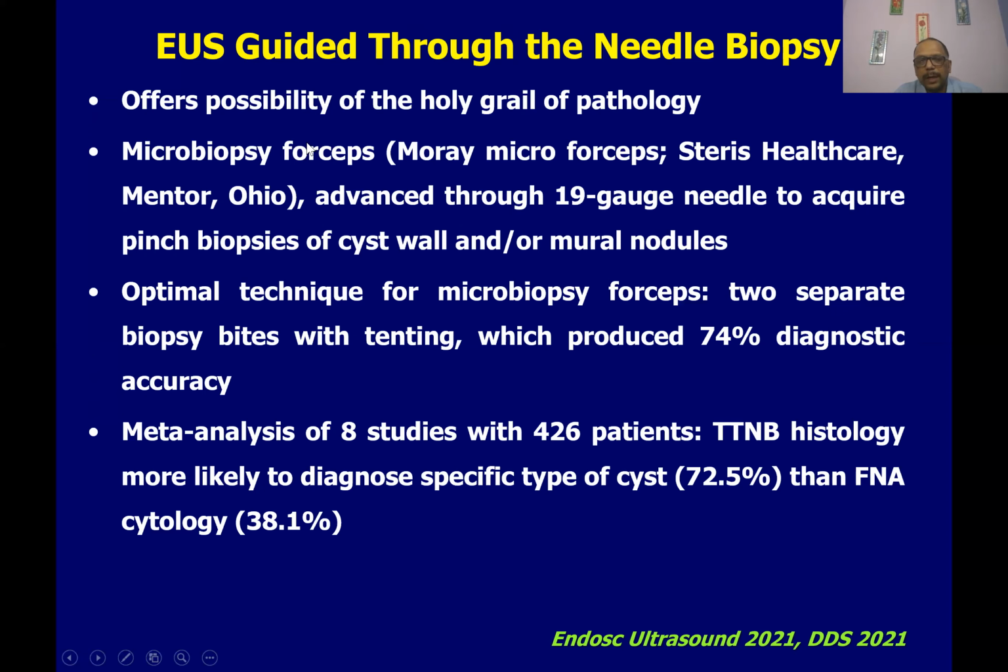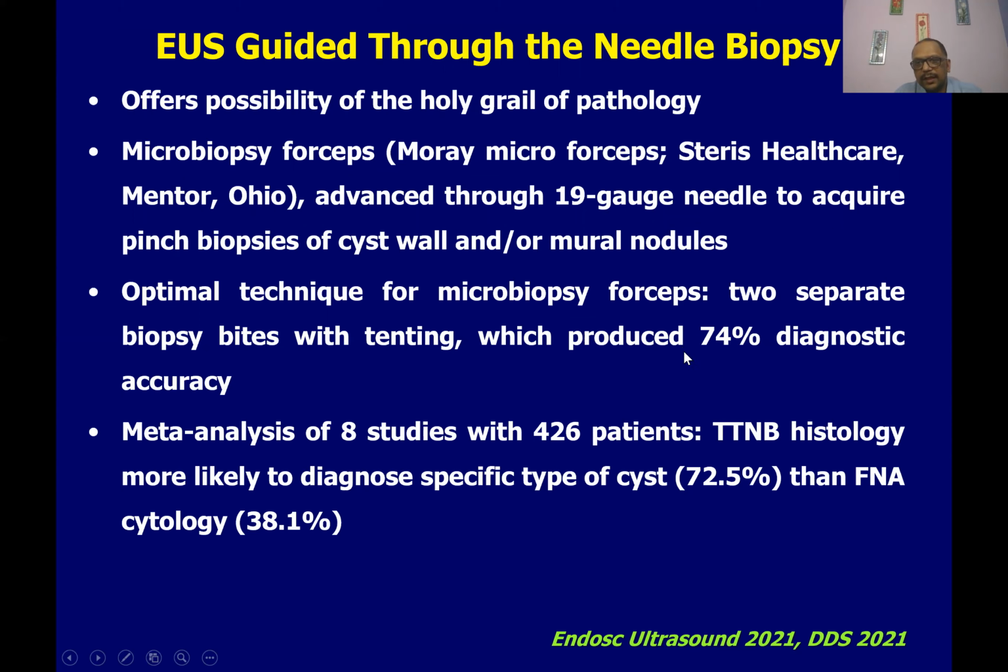Now we have microbiopsy forceps, developed by Steris Healthcare, which are advanced through a 19-gauge needle to acquire pinch biopsies of the cyst wall and/or mural nodules. It's the same way as we do mucosal biopsies during endoscopy. And the studies have shown that the optimal technique for microbiopsy forceps is to have two separate biopsy bites with tenting. What is tenting? I'll explain it in the next slide.